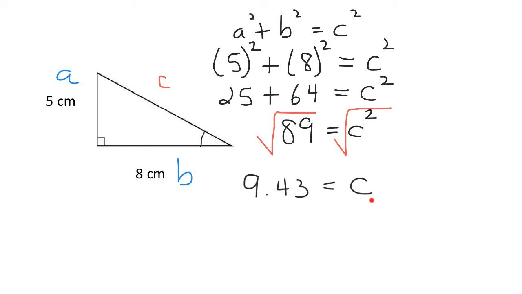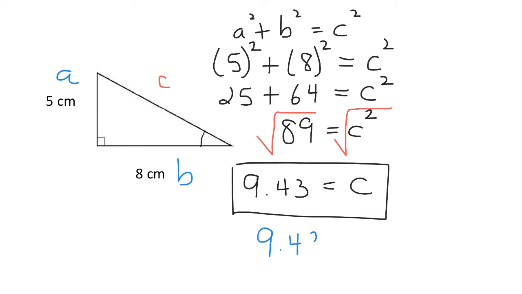So that is just going to leave you with the letter C. So the answer for the length of side C, our hypotenuse, is 9.43, or more specifically, 9.43 centimeters. They did give us units, so you want to make sure that you use the same units when reporting your final answer.